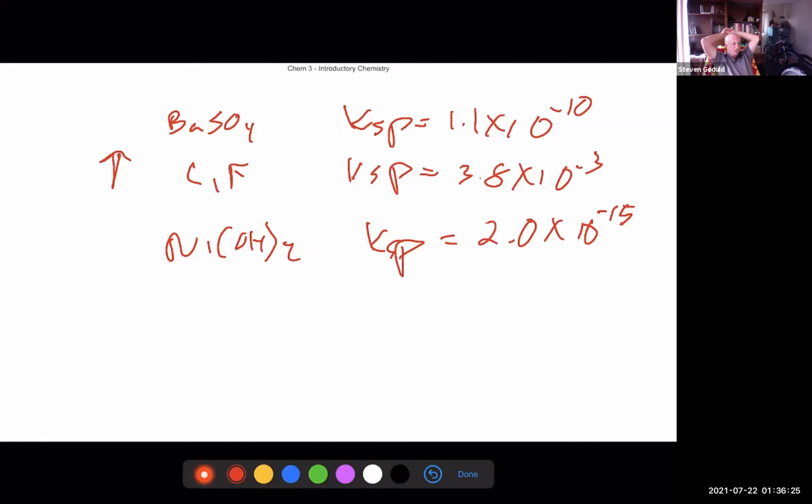Which would be the least soluble? The least soluble is going to have the smallest KSP value. That's going to favor the reactants over your products, and that favors your solid. So lithium fluoride has the highest solubility because it has the highest KSP. Nickel 2 hydroxide has the lowest solubility because it has the smallest KSP.